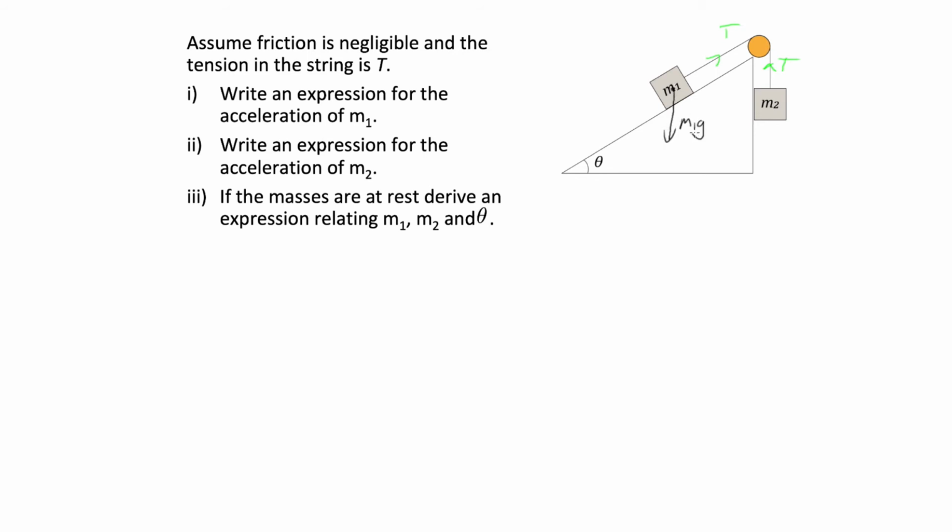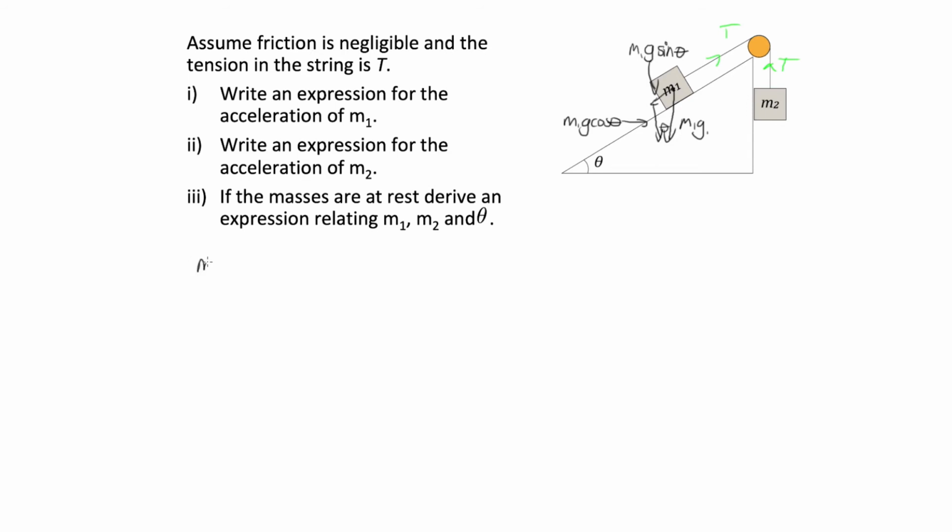We've got m1g pulling it down, which we can split into the component parallel to the plane, which is m1g sine theta, and the component perpendicular to the plane, which is m1g cos theta. But when we're considering the acceleration, it's going to be along the plane, so we can just consider the forces acting along the plane.